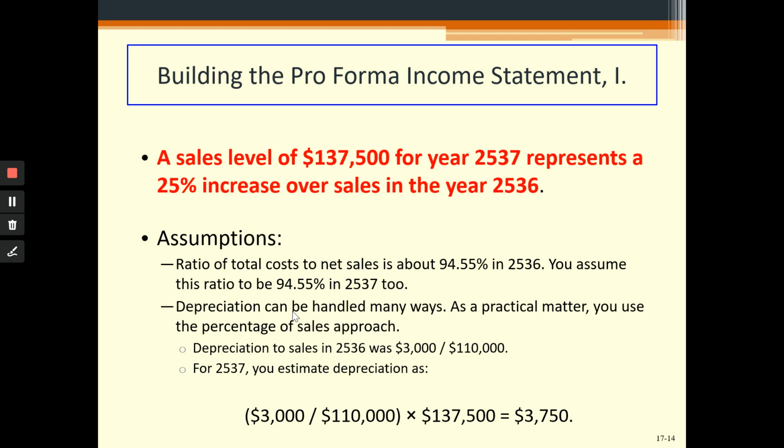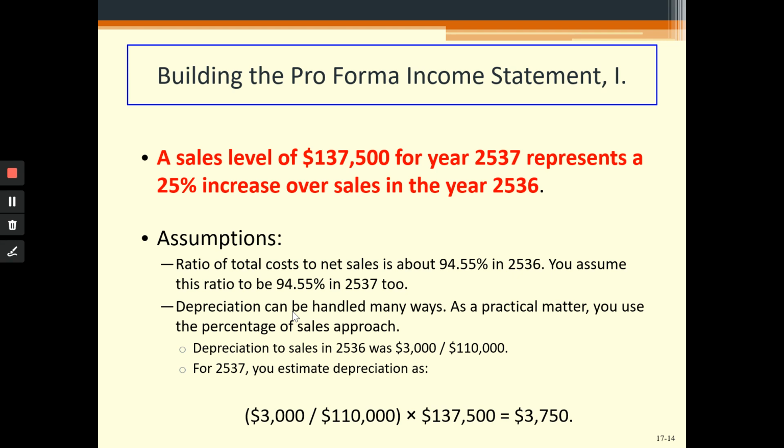Again, it's a very simple assumption, but there are many complex ways the accountants handle depreciation, and for the purpose of this chapter we are keeping it very simple.